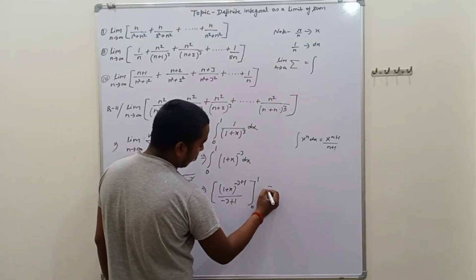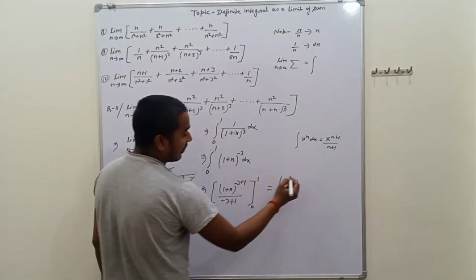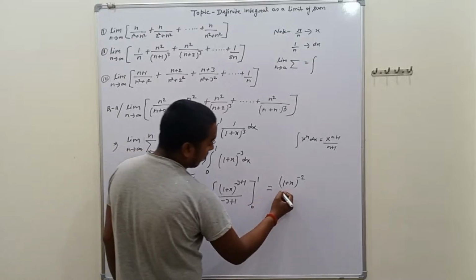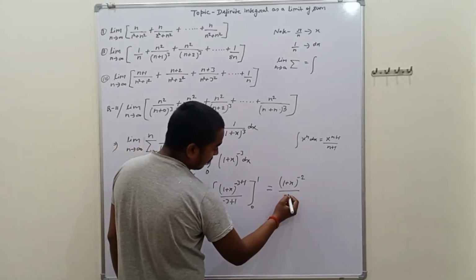Further we have to solve 1 plus x to the power minus 2, since minus 3 plus 1 is minus 2.